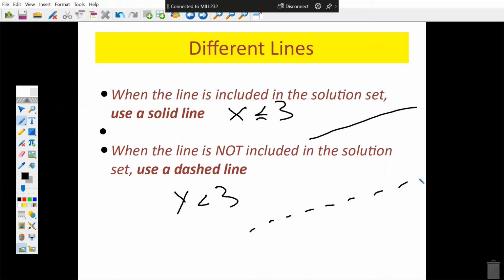Just like if you remember when you used to do number lines, right? You would color in the circle if it was equal to, and then you would not color in the circle if it was not equal to. Same sort of thing. If it's not equal to, we use a dashed line. And if it's equal to, we use a solid line.